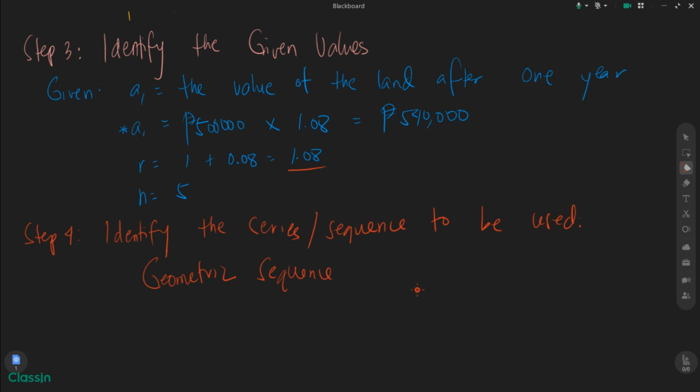The formula for a geometric sequence that we could use is A sub 5 equals A sub 1 times r raised to 5 minus 1.